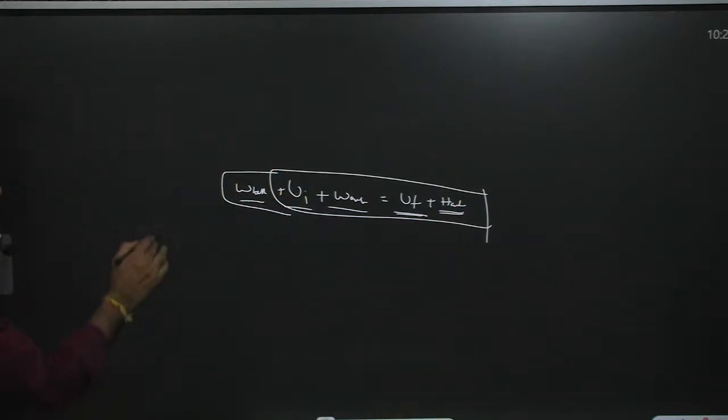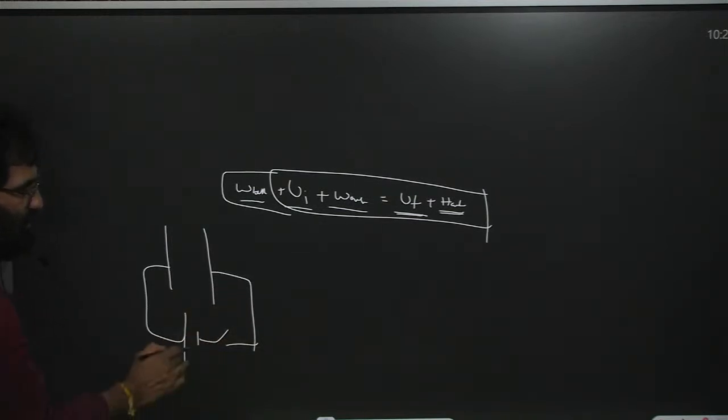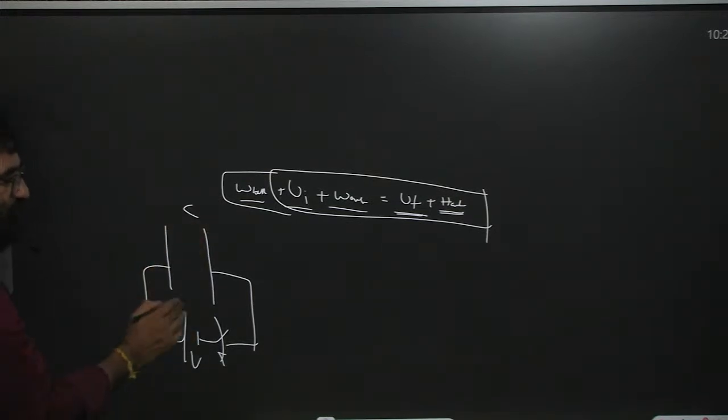Now, I am asking you, the capacitor is initially uncharged, means no charge, no energy. So, when it is connected through a battery, how much energy is wasted as heat? So, potential difference is V. When we close the switch, capacitance is C, and the energy is half CV square or QV by 2 or Q square by 2C. Now, when we get the positive terminal, electric field will be like this.